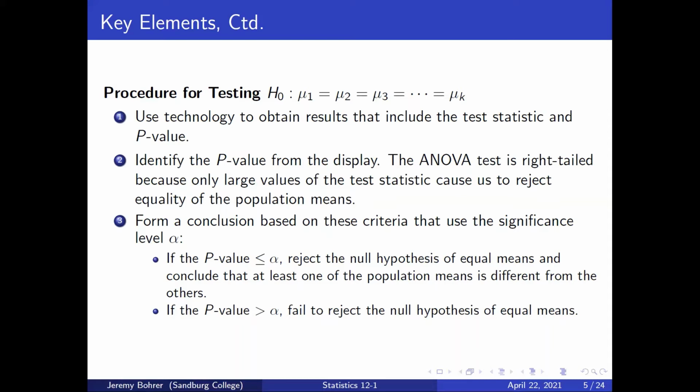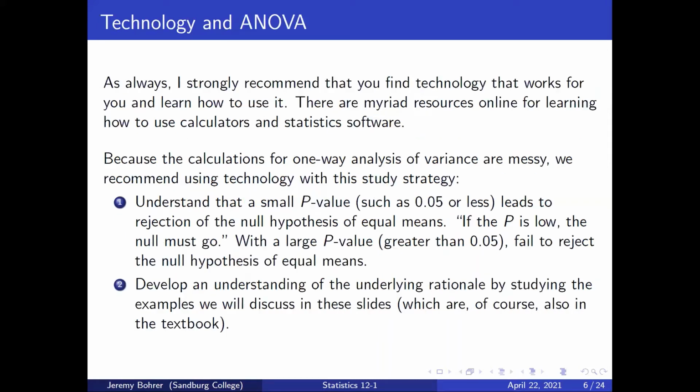Third, form a conclusion based on these criteria that use the significance level alpha. If the p-value is less than or equal to alpha, reject the null hypothesis of equal means and conclude that at least one of the population means is different from the others. If the p-value is greater than alpha, fail to reject the null hypothesis of equal means.